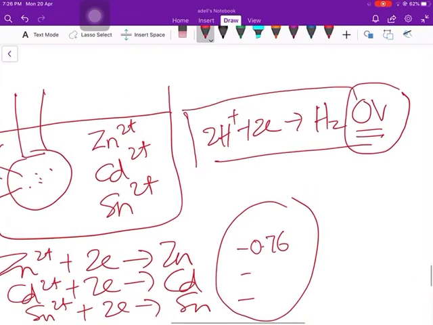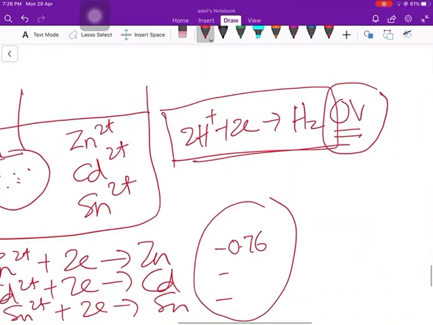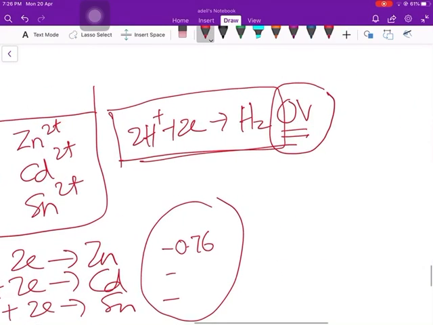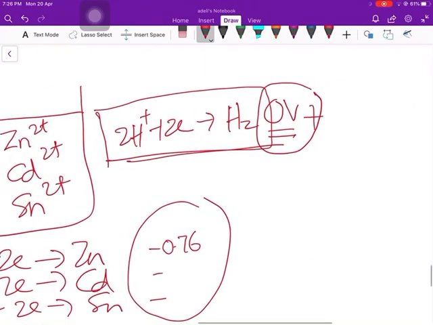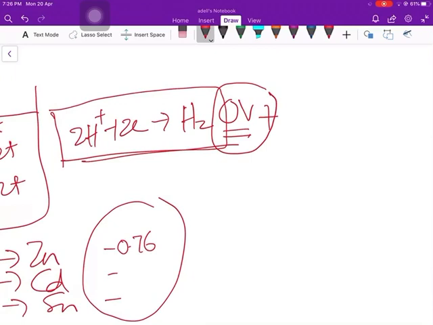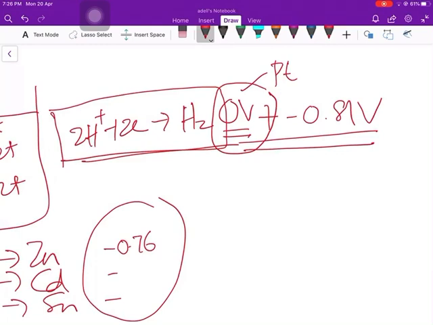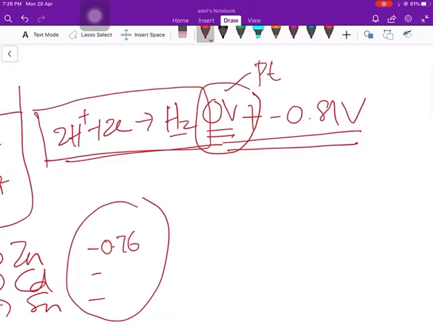The hydrogen evolution reaction is very slow to form hydrogen gas on mercury. So it requires extra voltage or overpotential, for example, 1 volt. On platinum, 0 volt. But on mercury, it requires extra voltage to produce hydrogen gas, which is 0.81 volt.